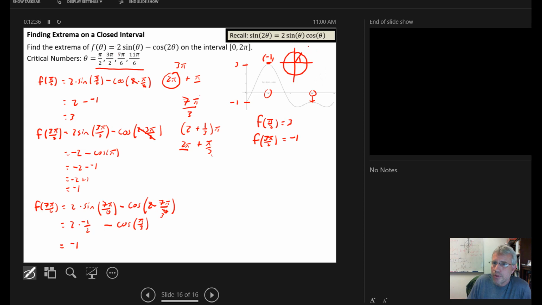That's pi over 3, where the x-coordinate's 1/2 and the y-coordinate is √3 over 2. So we're going to get -1 minus 1/2 is -3/2. So f of 7 pi over 6 is -3/2.